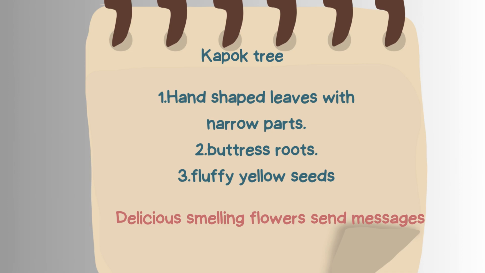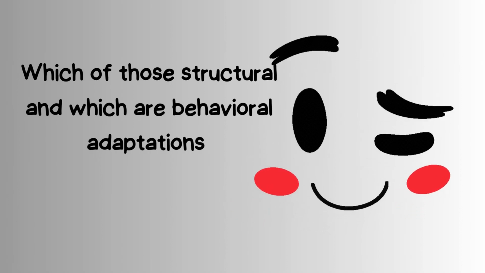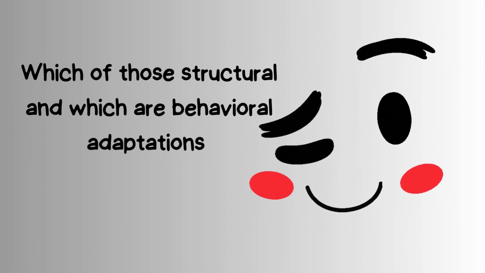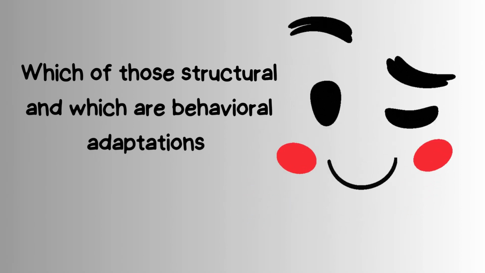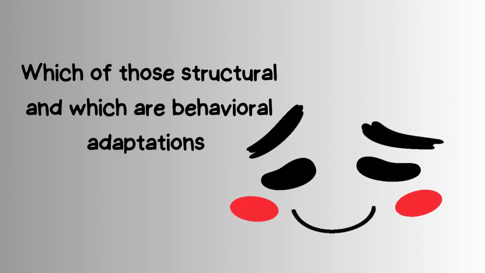And it has fluffy, light yellow seeds. And the last thing that we know about the Kapok tree is that it has delicious-smelling flowers that send messages. From here, we can know which of those are structural adaptations and which are behavioral adaptations.